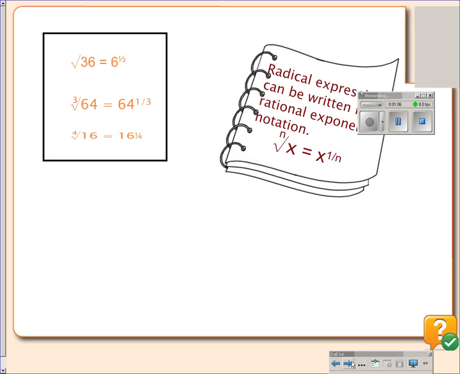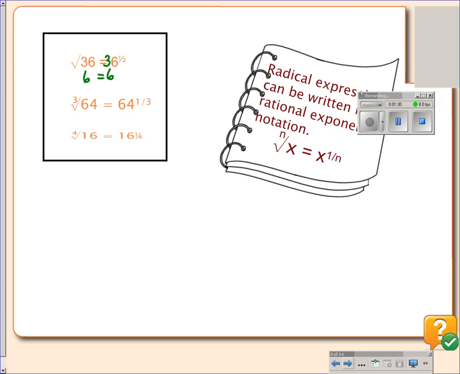The square root of 36 is equal to 36 to the 1/2 power. Since the square root of 36 is 6, 36 to the 1/2 power is also 6. The cube root of 64 is equal to 64 to the 1/3 power.